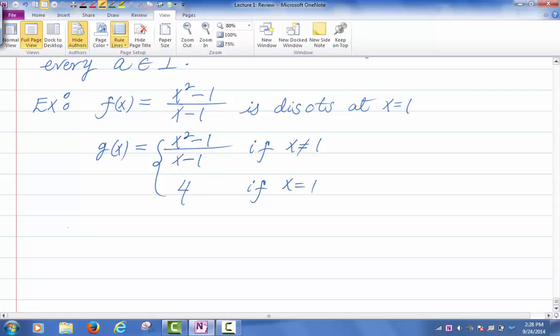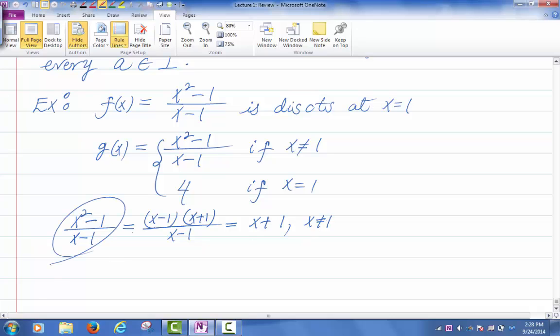So remember this function, if I look at the function x squared minus 1 over x minus 1, it is equal to x minus 1 times x plus 1 over x minus 1, and that's equal to x plus 1, right? And so that tells me these equalities hold as long as x is not 1, right? So this tells me that the limit of this function as x goes to 1 is 2, right?